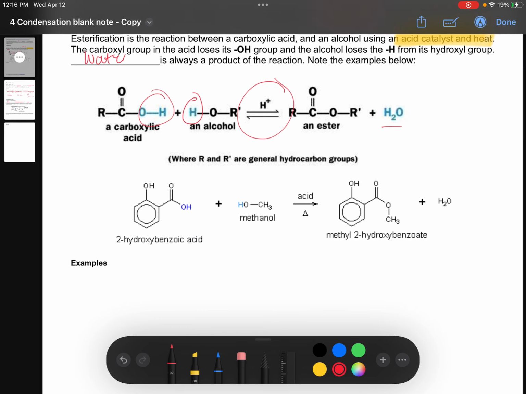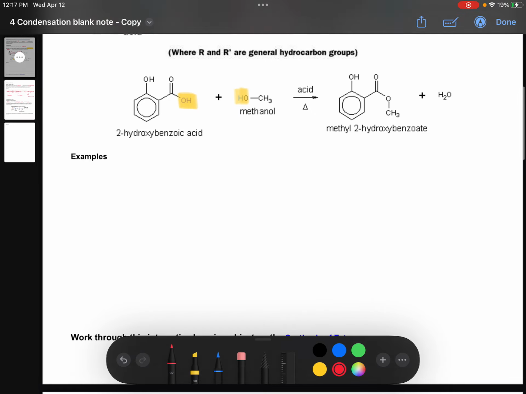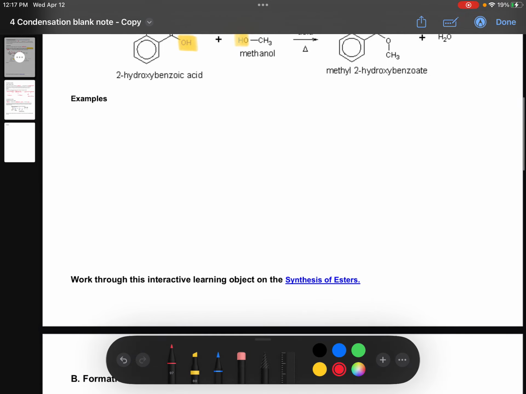An example here: we have 2-hydroxybenzoic acid and methanol. Once again, you can see parts of it are going to be removed from each of them to produce methyl 2-hydroxybenzoate and H2O. Another example is acetic acid as well as ethyl alcohol.